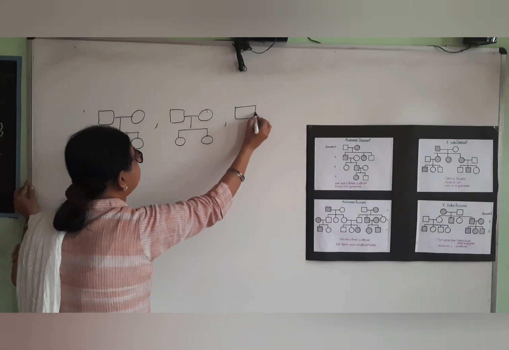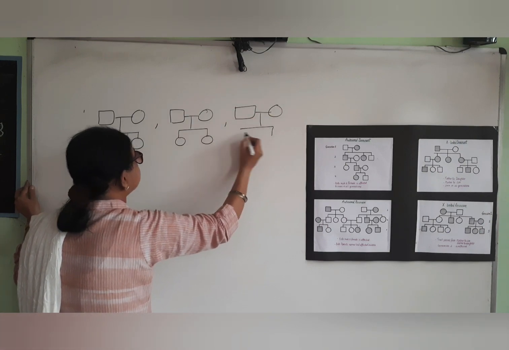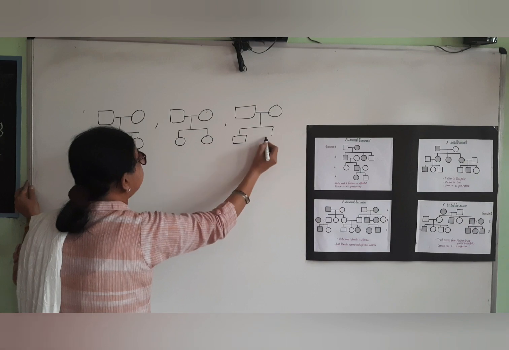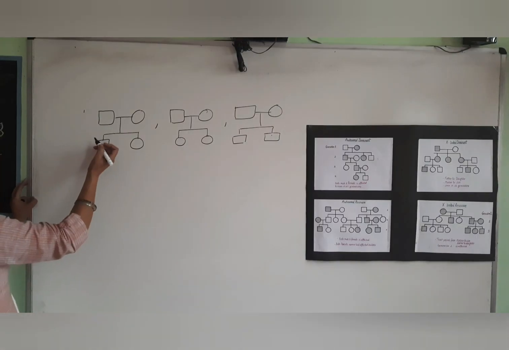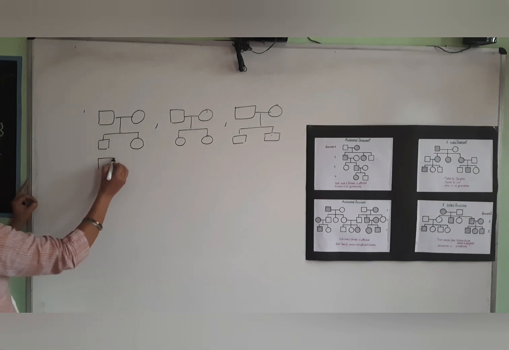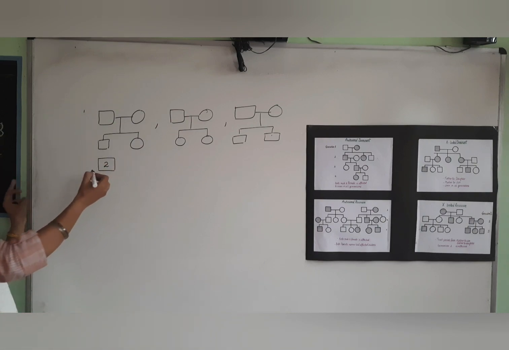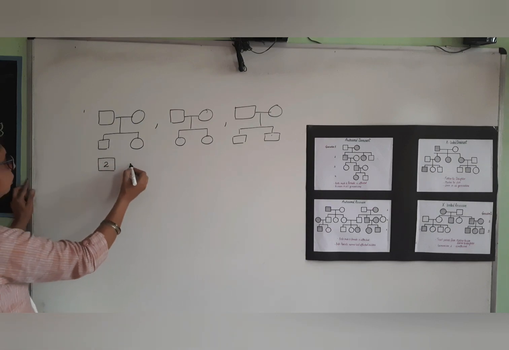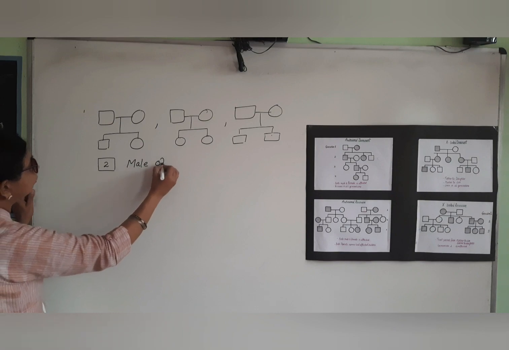If both are males, then it is represented like this. If the number of male offspring is more, then the number can be written within the square. For example, if the number of male offspring is 2, this 2 can be written within the square symbol.